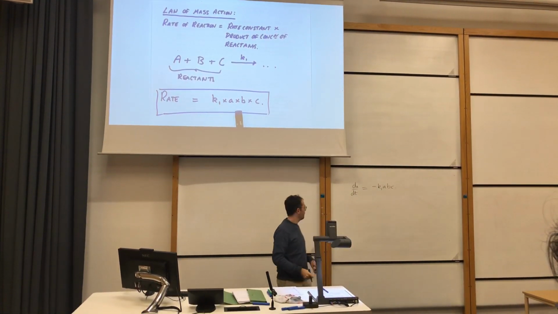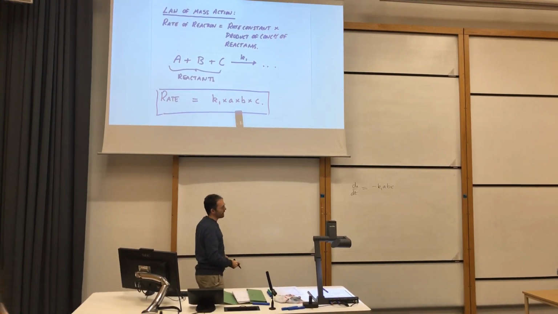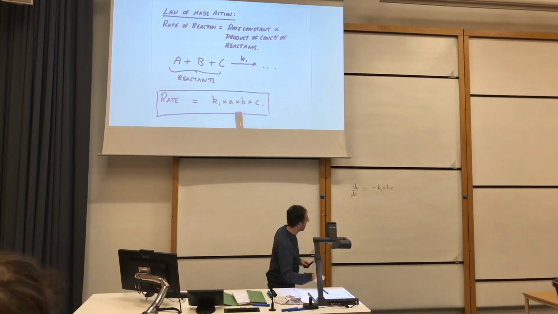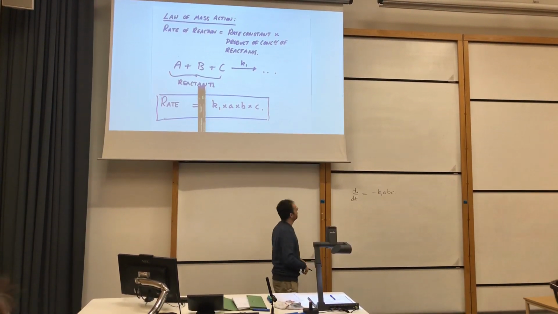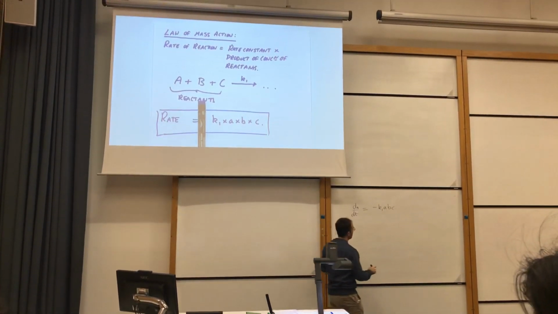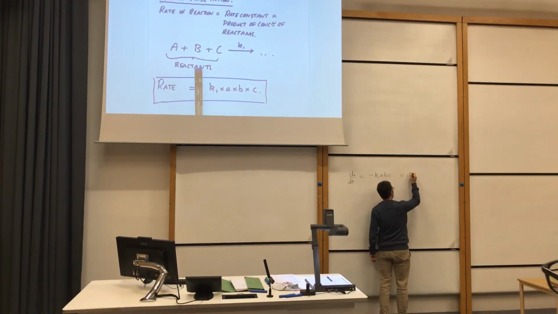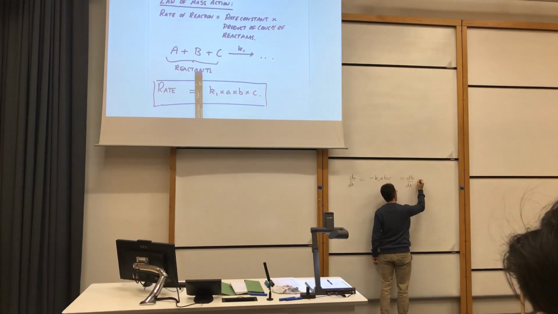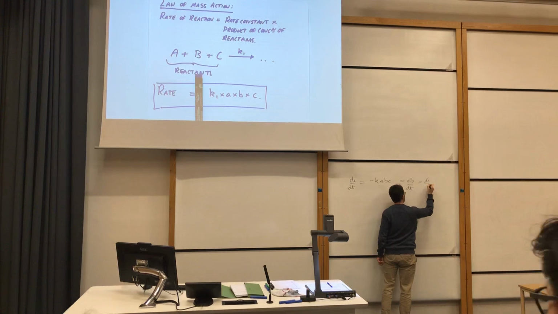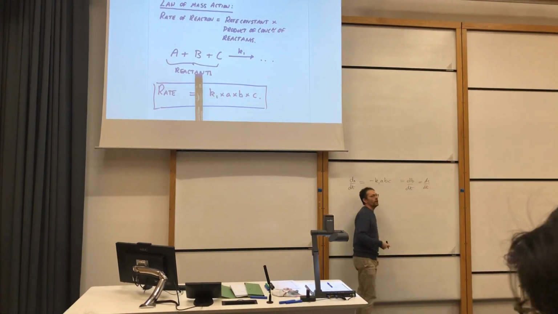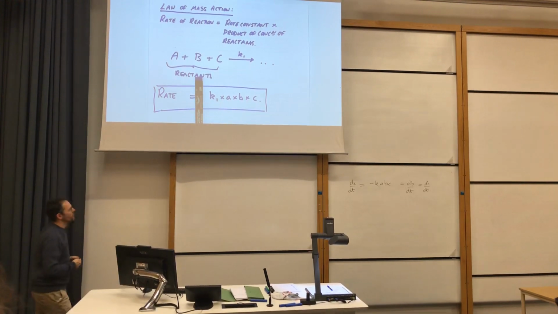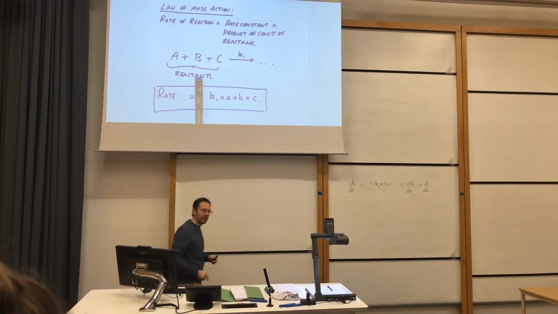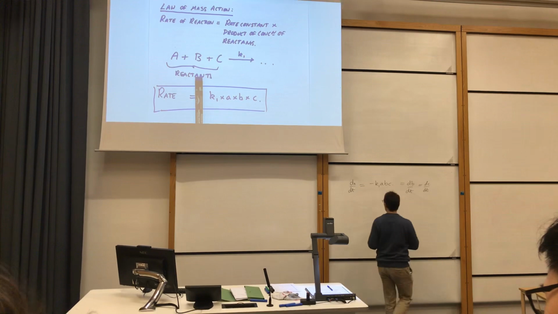So dA by dt is minus K1 a b c, and based on this reaction, that will be the same equation for B and C. As I say, the key thing about the law of mass action is that we can use it to write down a differential equation model.